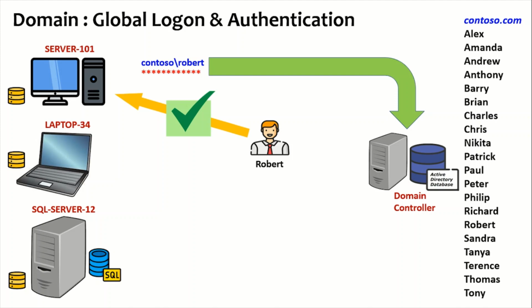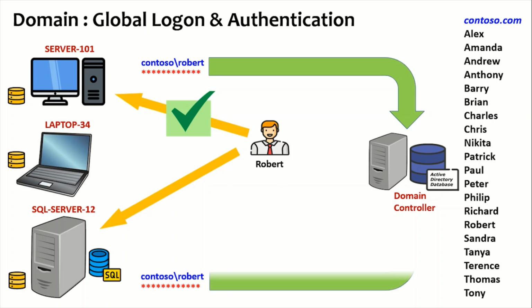Now Robert again tried to log on to our SQL Server 12 using the same username and his secret password. So the same authentication request will again come down to our domain controller, and if the username and password matches, then and only then Robert will be able to log on to the SQL Server.